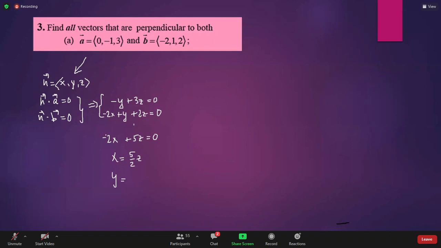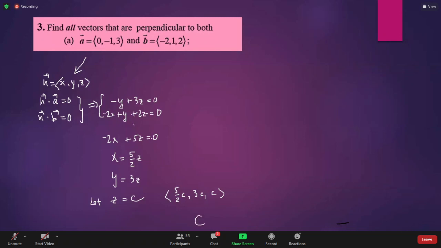From this, we can see that y is actually equal to 3z. This means that I could say, let z be equal to c, and then I have a vector with coordinates 5 halves c, 3c, c, where c is any number.